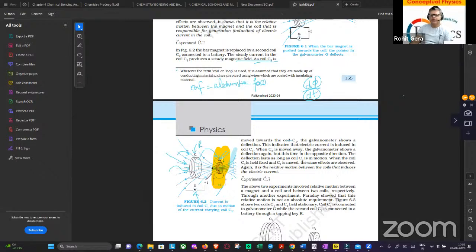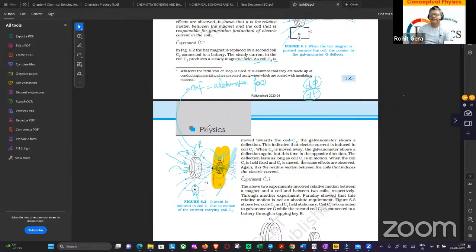Current has been produced, so where is that current coming from? You know, what they say is what you induced in C1 is actually the EMF, and the result of generating EMF in C1 is visible to you by way of the current which you see in the galvanometer. Current is the symptom. Current is the symptom that something is happening.